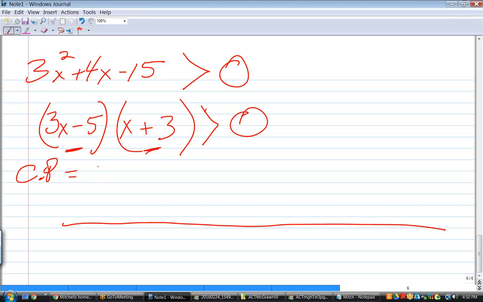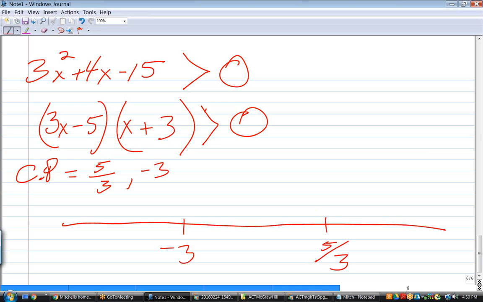Oh, okay. So positive 5/3 makes this thing 0. Negative 3 makes that thing 0. Our next step is to plot those 2 points on my line chart. There's negative 3. There's positive 5/3. I purposefully leave off 0.